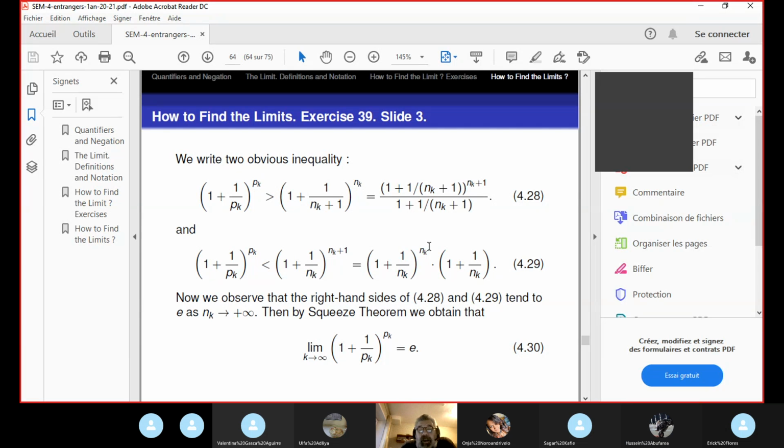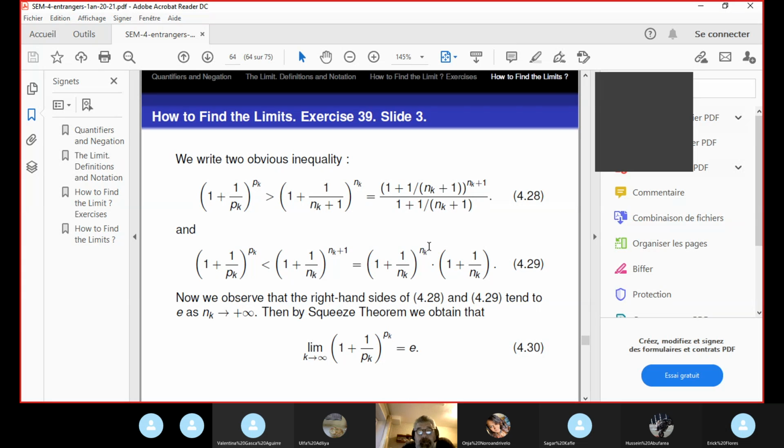Same thing as for the second inequality. I want to estimate my value, 1 plus 1 over p sub k to the power p sub k. First of all, I make use of the fact that p sub k is greater than n sub k.